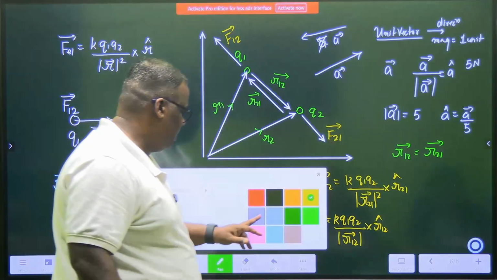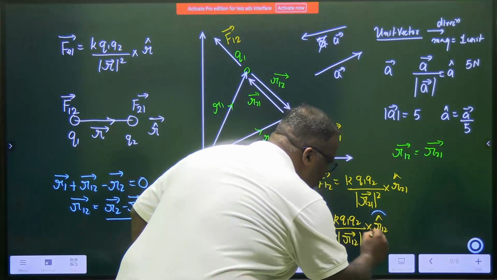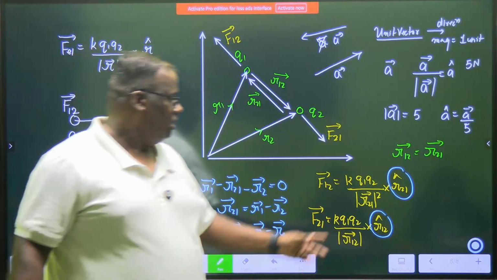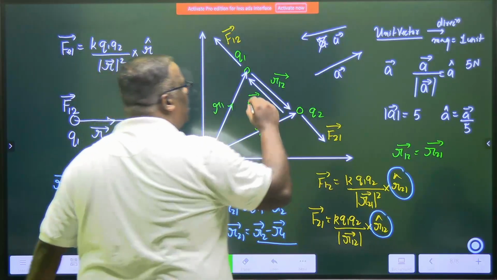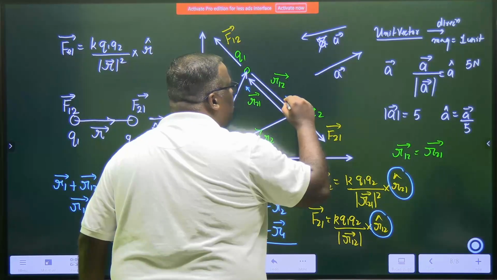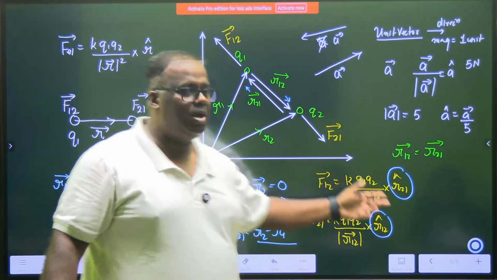But my child, tell me, can I not swap these two? Obviously. What is r21? R21 is a unit vector in this direction. What is r12? Unit vector in this direction. How can you swap? Put a negative.